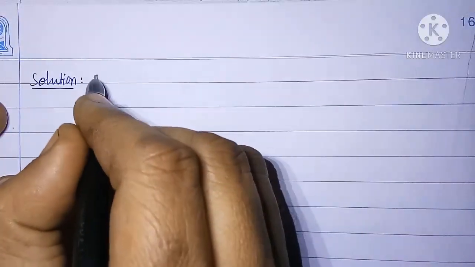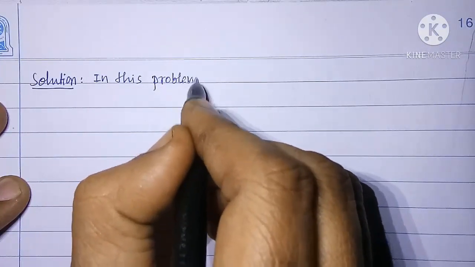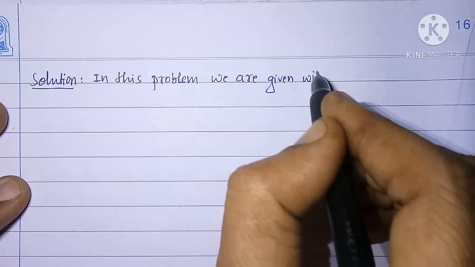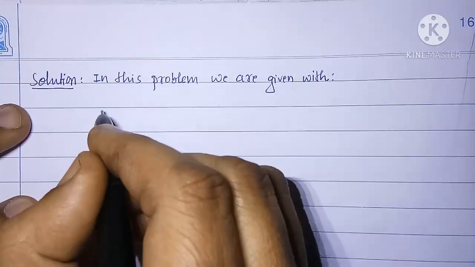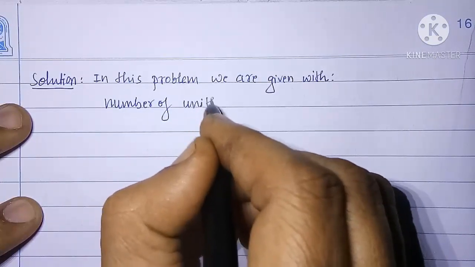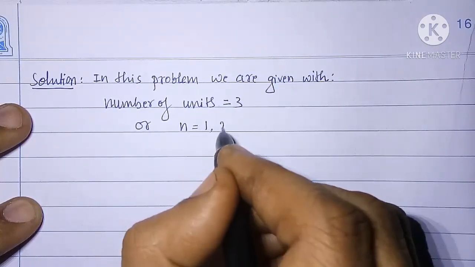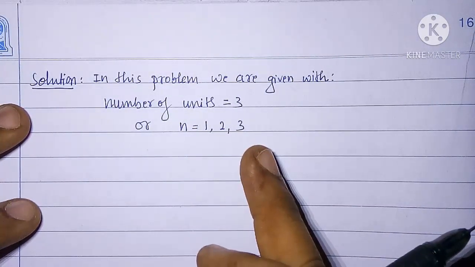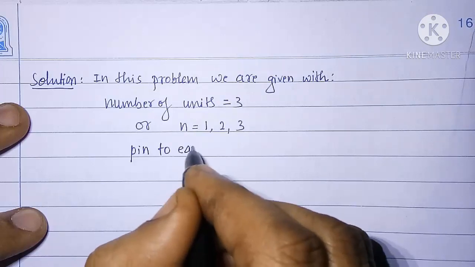Solution. In this problem, we are given with number of units equal to 3, or n is equal to 1 to 3, that is n varies from 1 to 3. Pin to earth capacitance is given.